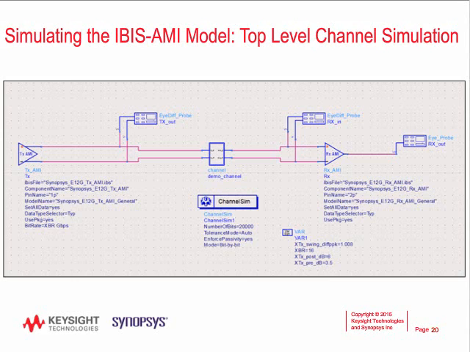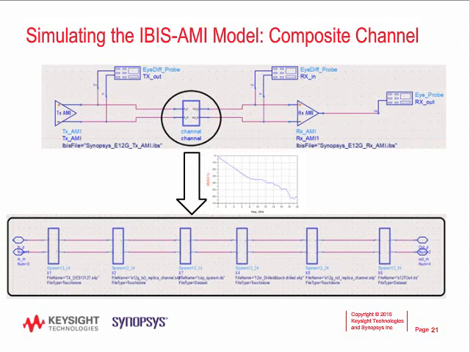Once we descend into the hierarchy of this channel, we see that this channel, in fact, is cascading 6 S-parameter blocks to account for transmitter and receiver packages, as well as the vias and the traces that exist. So you can see this channel has the loss that was discussed earlier by Jim, and at 8 gigahertz Nyquist frequency, we have about 33 dB of loss total at this channel. And that corresponds to 16 gigatransfers per second.